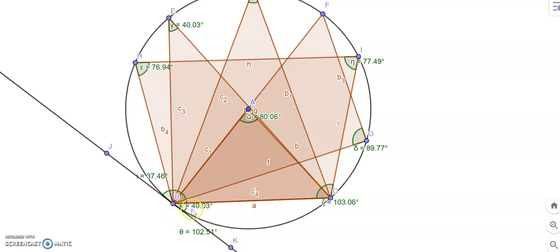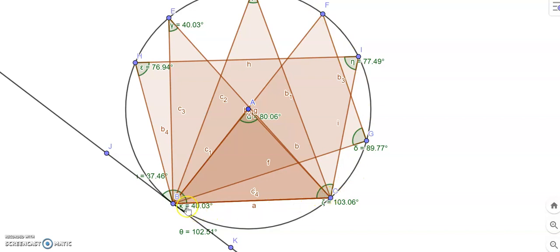The angle is 40.03. Now look at this chord, which is BC. The chord moves from point B to C and then back to the point of the tangent here, and it has an angle in the alternate segment. This is the minor segment, and the whole of this is the major segment.